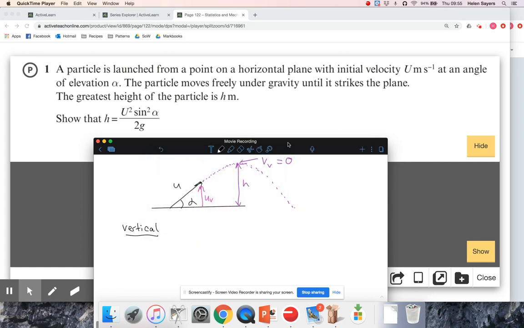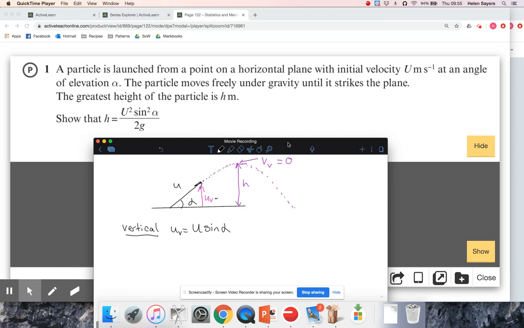The initial velocity vertically is capital U, and that is opposite angle alpha, so that's going to be capital U sine alpha. Okay, so that's the initial vertical velocity.